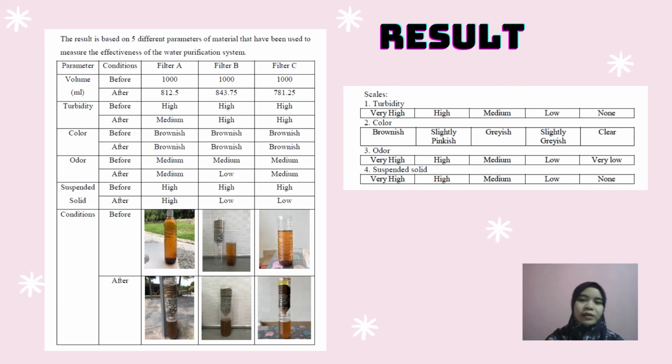After the experiment, filter A still shows high suspended solid, and B and C show suspended solid in low condition. On the screen, it shows the condition before and after. We have the 4 scales that can be referred to for the result: turbidity, color, odor, and suspended solid.